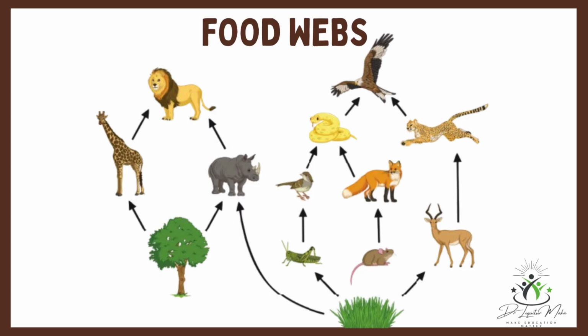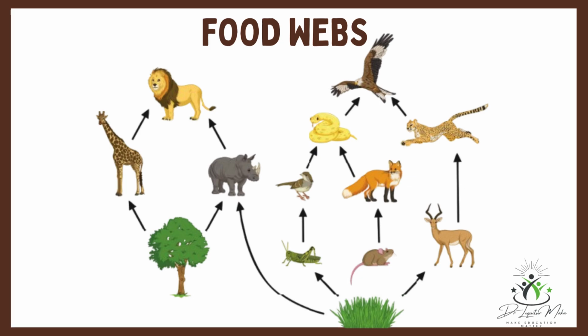All of these food chains will then form a food web, right? So if you look at this picture, we have our producer there. In this case, there are two producers, grasses and shrubs, or trees rather.